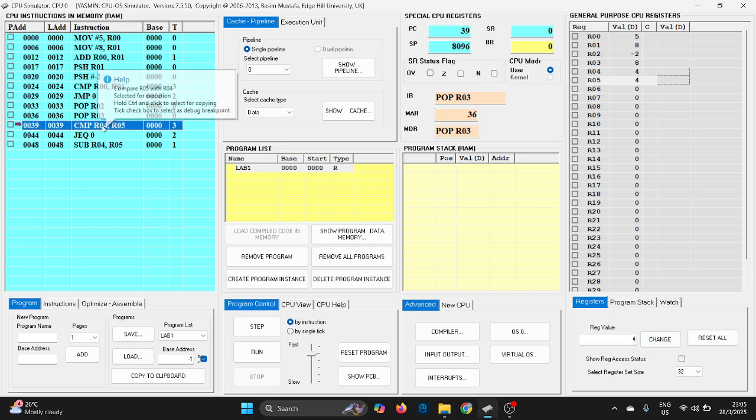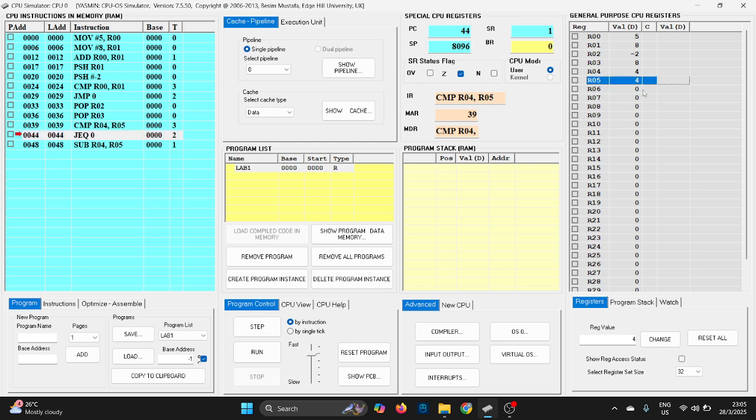So I compare the values, we get a 0 number and the status flag at the Z is ticked. So 4 minus 4 is 0, so the Z status is ticked at the status flags.